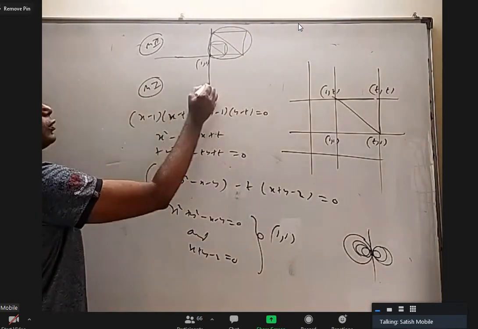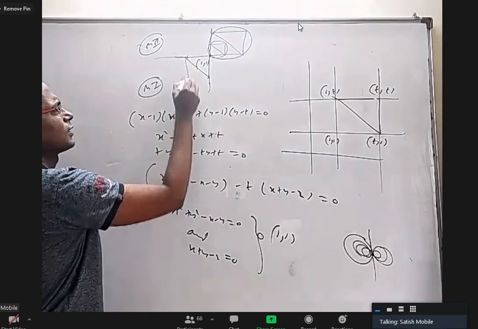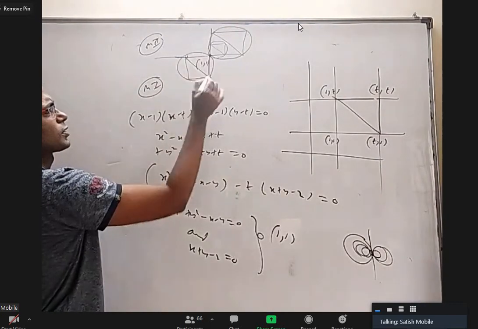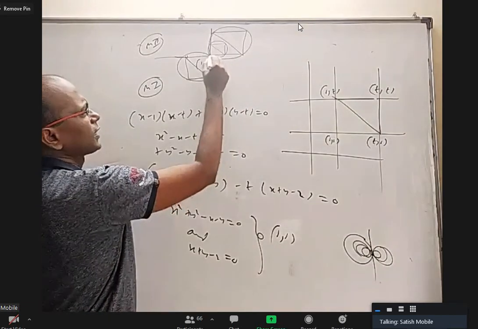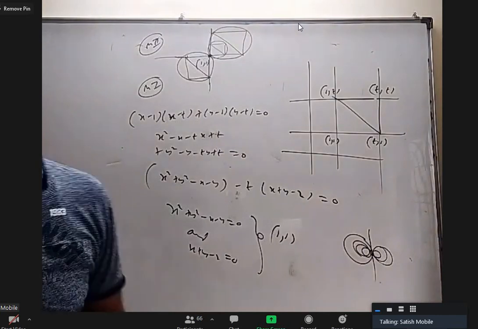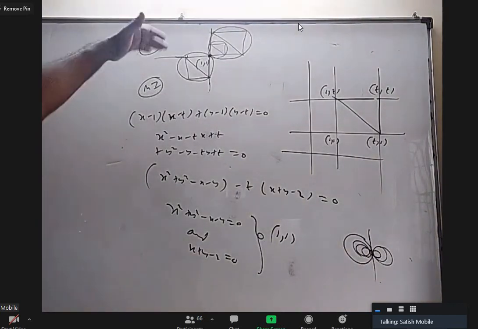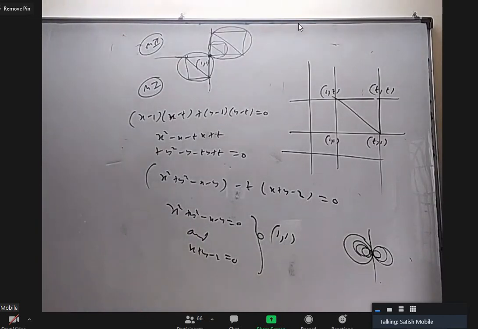If t is negative or very small, it will be on this side. Again it will be a right angle triangle like this, and again the circle will pass through this. As you change t, every time it is a square with this as a corner, so always it will pass through (1, 1). Graphically you can easily visualize it. If you want to do it by equation, you can do it like this.